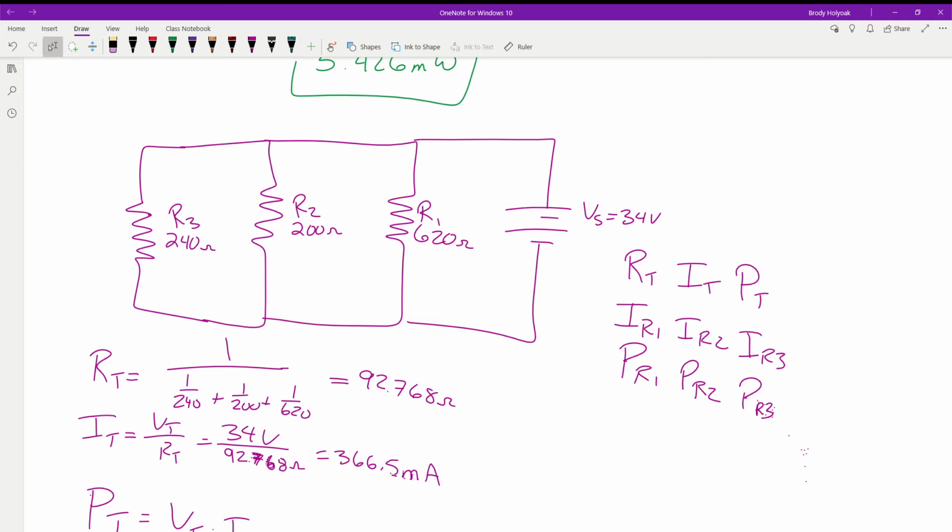We'll get into other circuits where you might see something like this. Whatever's in parallel is going to have the same voltage, and things that are in series are going to split up that voltage. So just as a heads up, this is what's coming.